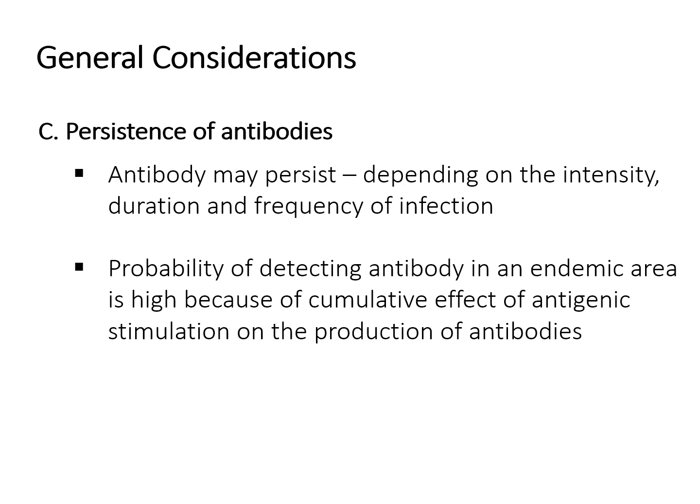The probability of detecting antibody in an endemic area is also high because of the cumulative effect of antigenic stimulation on the production of antibodies. So in endemic areas, the presence of antibodies in the body, especially at the borderline, may not be considered positive. Therefore, antibody determination should be monitored where possible during the course of the illness, and at least two different samples should be taken several days apart, or sometimes weeks apart, to look at the antibody profile.